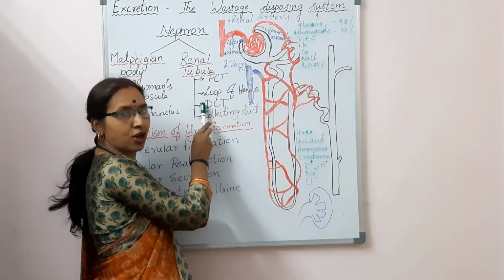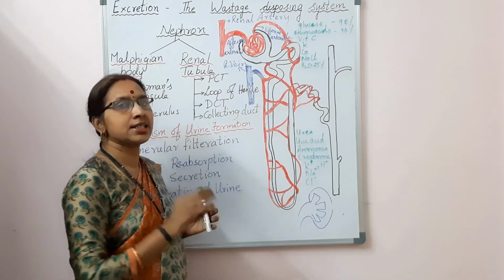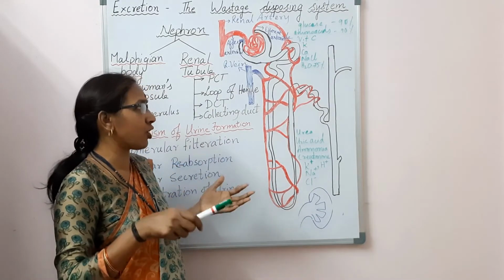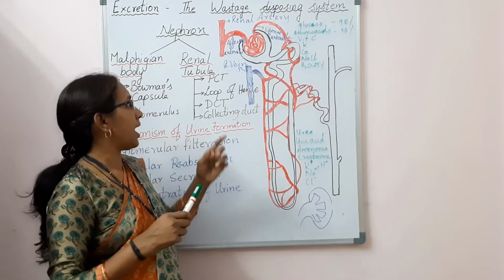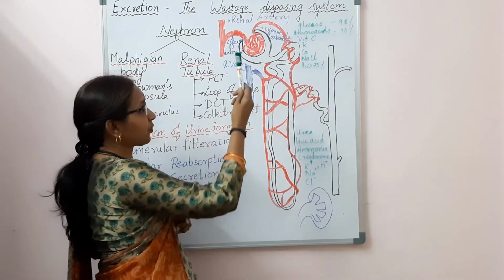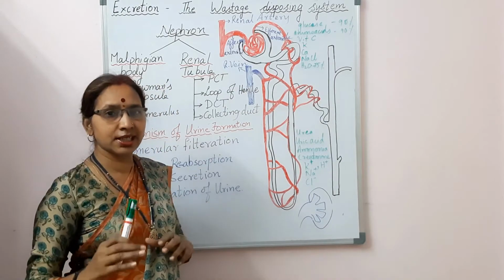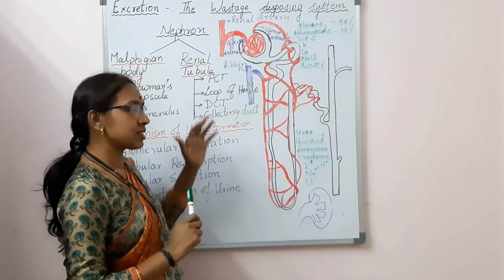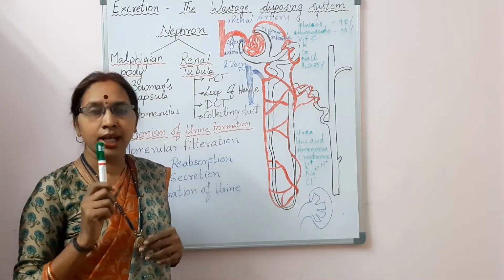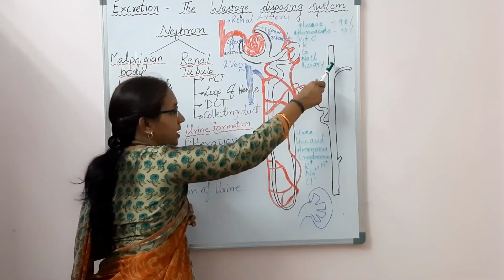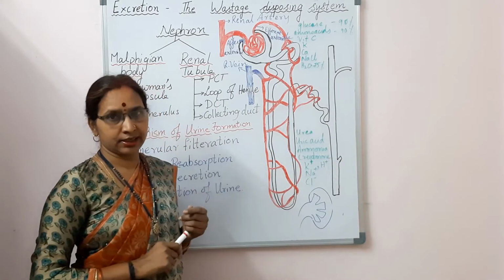I have written in the short form here, DCT, distal convoluted tubule. Why is it known as distal convoluted tubule? Again convoluted because it is curved, and distal because it is a little bit away from the Bowman's capsule. Now this distal convoluted tubule leads into the fourth structure, and this fourth structure is known as the collecting duct.